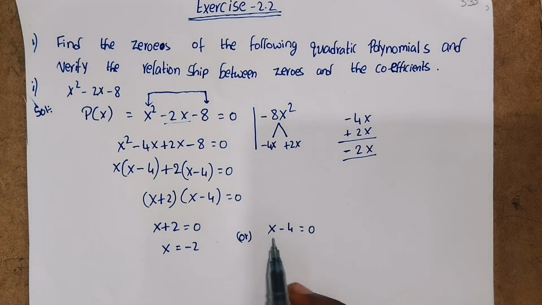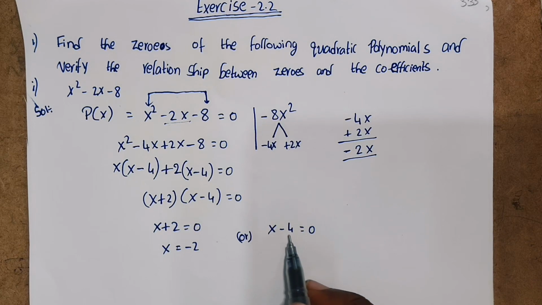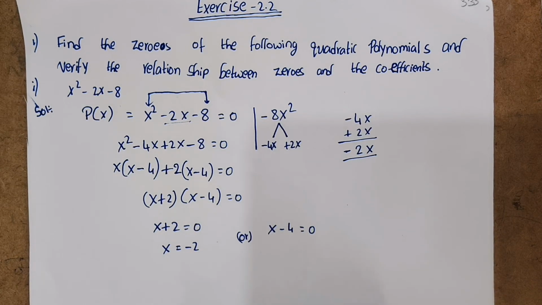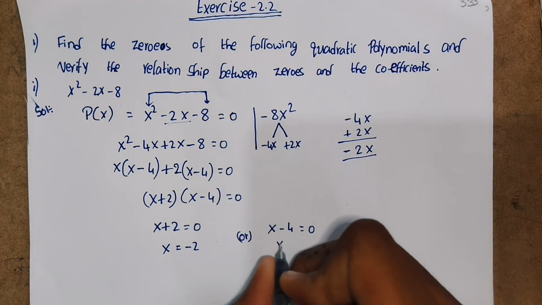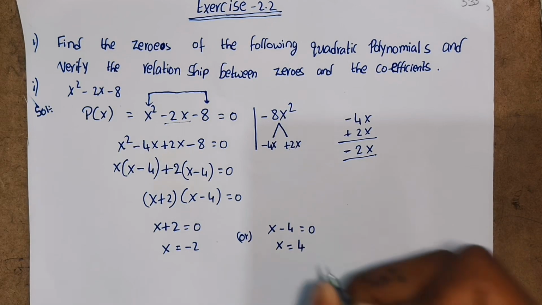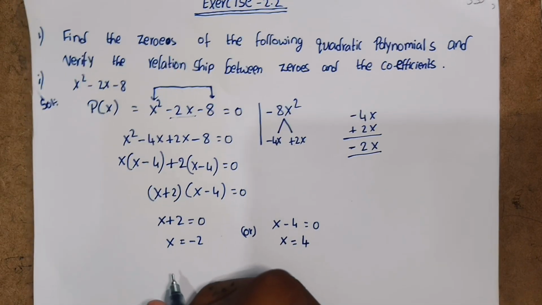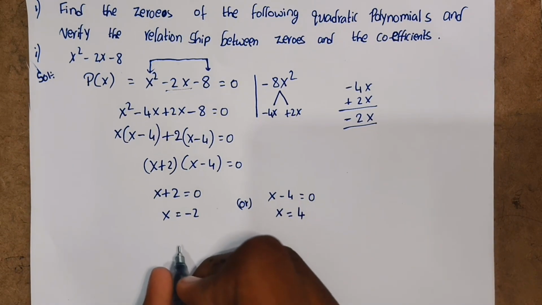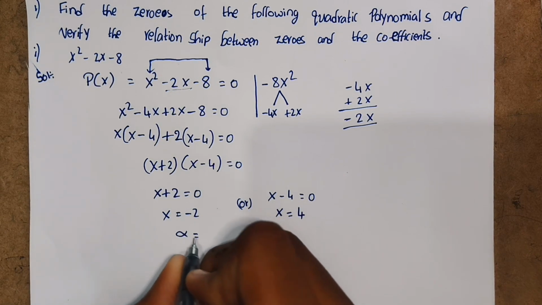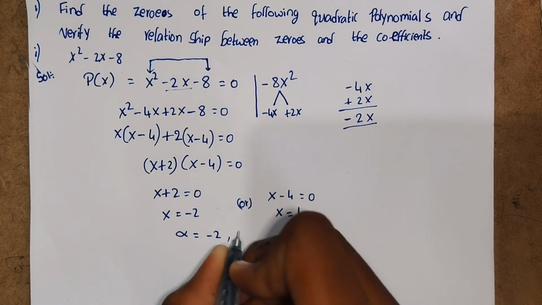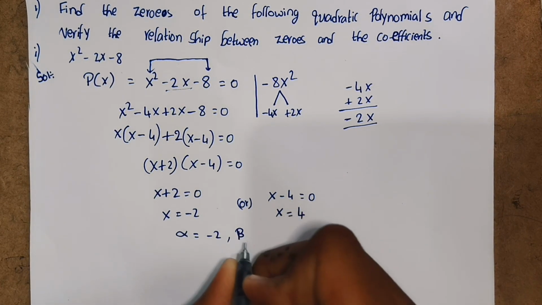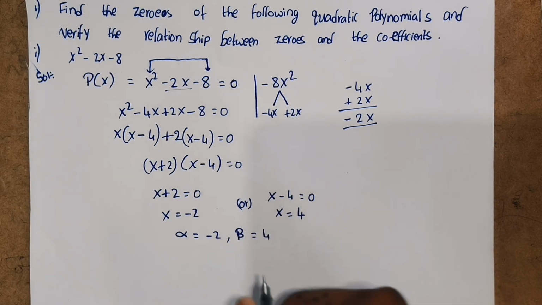When x minus 4 equals to 0, if minus 4 is transferred to the right side, it will get x equals to plus 4. So I am thinking that alpha is equals to minus 2, beta is equals to plus 4.